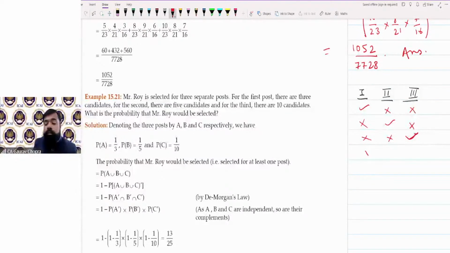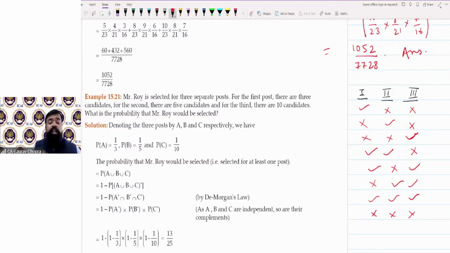It can be possible that 2 persons have selected Mr. Roy, either 1 and 2, 1 and 3 or 2 and 3, or everybody can select Mr. Roy, or it can be like nobody will select Mr. Roy. So these are 8 possible outcomes.